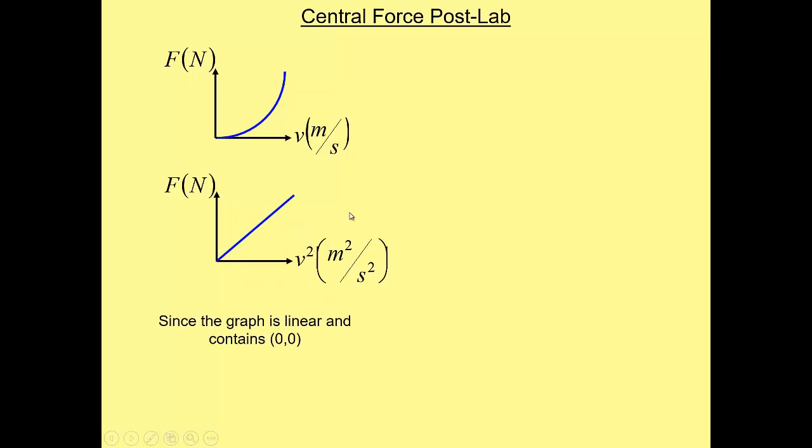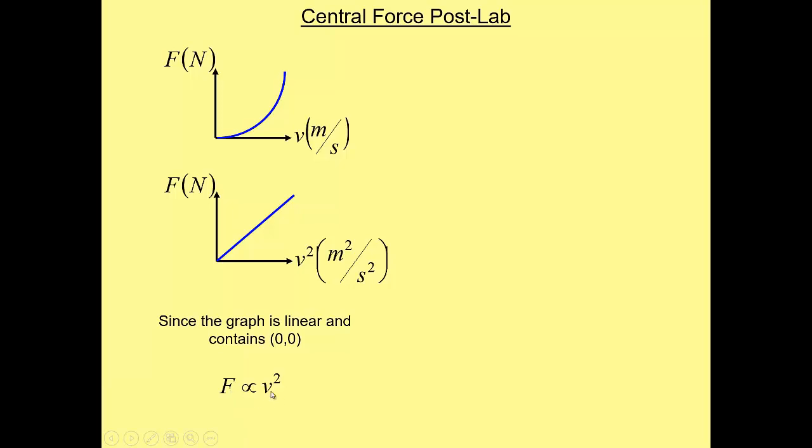Since this graph was linear and went through 0, 0, what does that tell us? Well, that tells us that force and speed squared are proportional to one another. Not force and speed, that's a top opening parabola, but force and speed squared is linear and contains 0, 0. So if we want the object to go twice as fast, we don't need twice the force, we need 4 times the force.